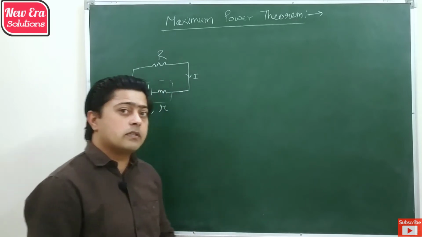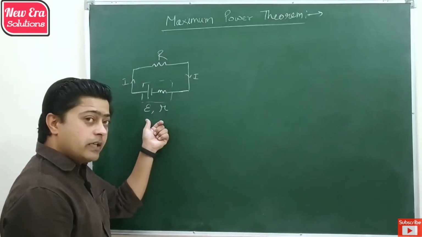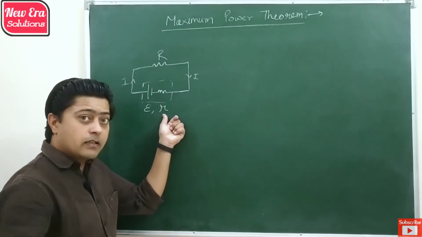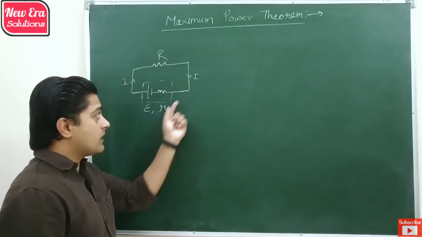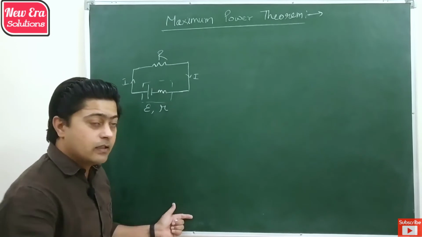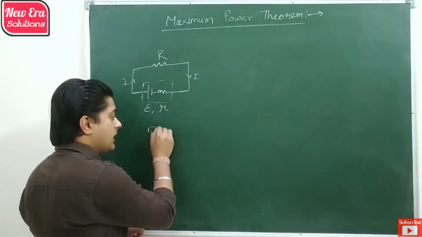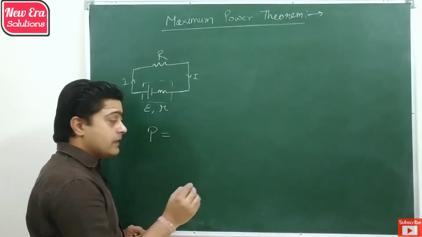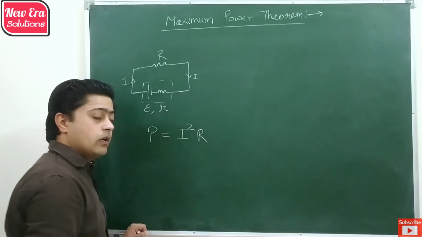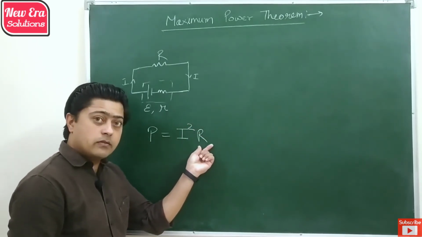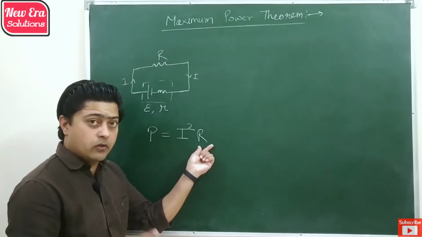For that, we consider a cell of EMF E, internal resistance small r, connected with external resistance capital R, and I is the current flowing through the circuit. Now the power delivered by the cell to the external resistance is I square into R. As we are using the external resistance, we are finding the output power of the circuit.